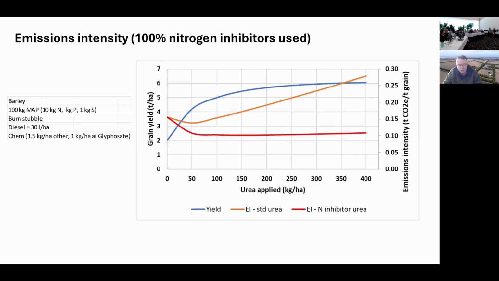Yes. So just to be clear on the question, at the moment the calculators don't care what nitrogen you're starting with. All they care about is the nitrogen that you put on.